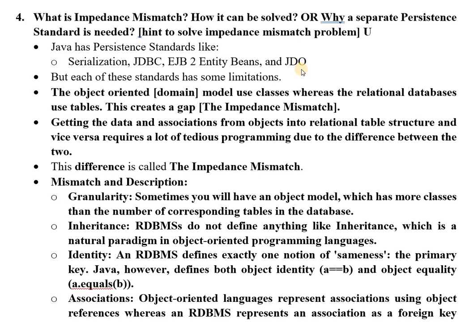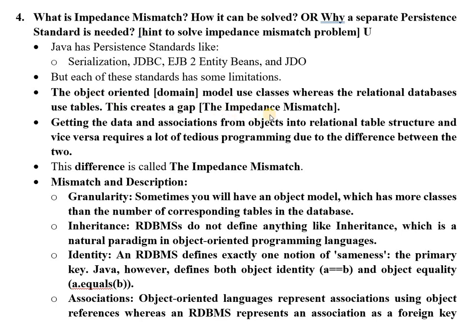We need a persistent standard that will bridge the gap between the object-oriented or the domain model that uses classes, whereas the relational databases use tables. Now, obviously, object-oriented is using classes, relational databases are using tables.